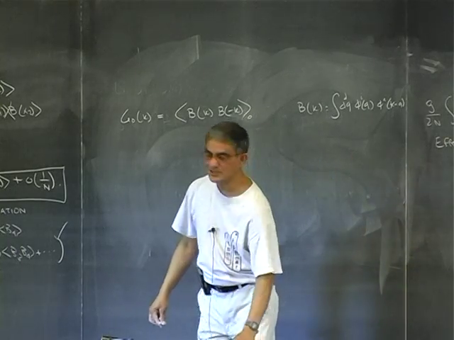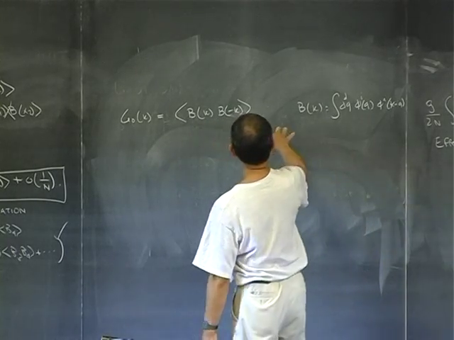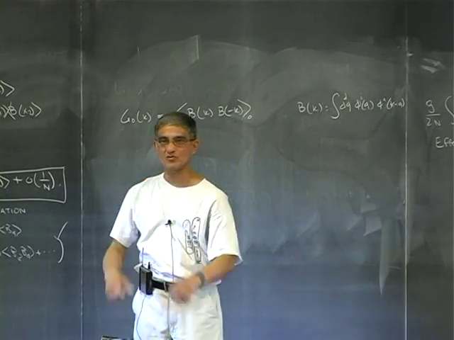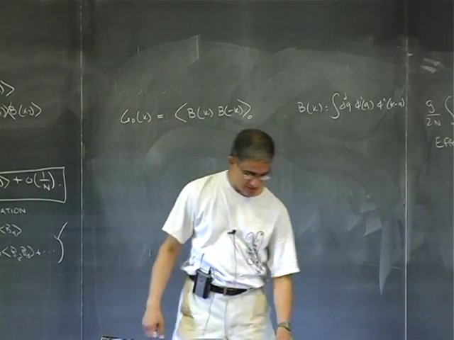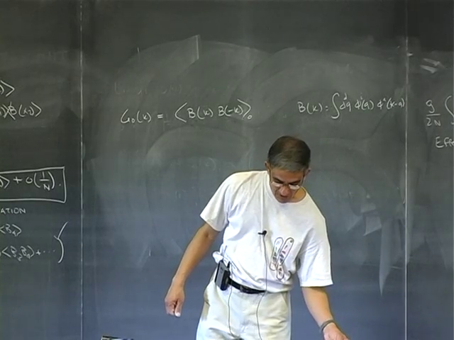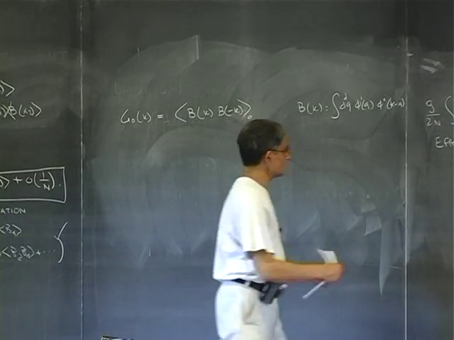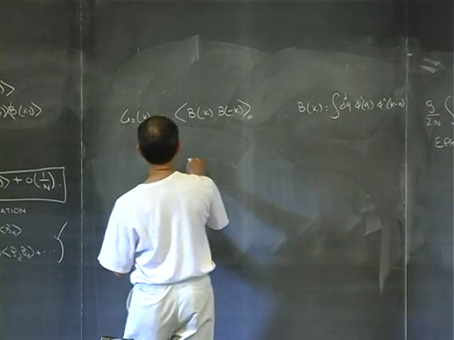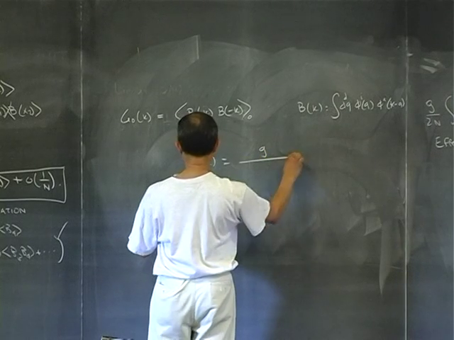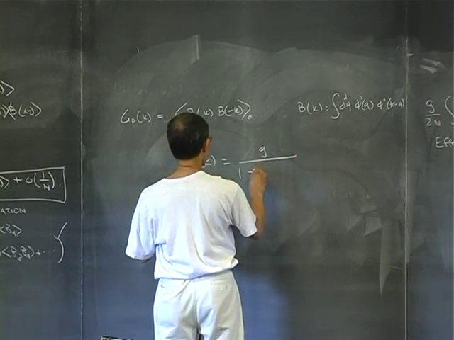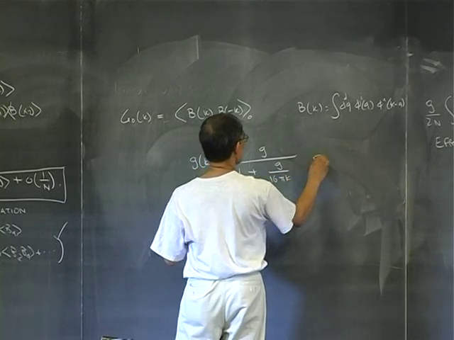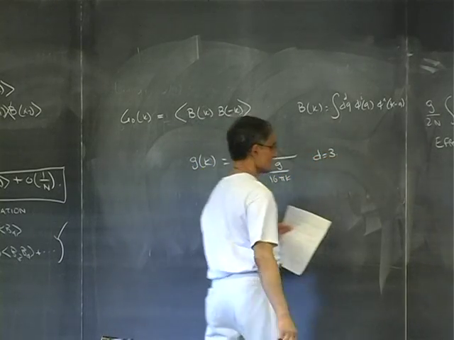And using this definition, you can just calculate what this object is by using Wick's theorem, by doing the double contractions. And I will just tell you what that answer is. The answer is, this equation then becomes G divided by 1 plus G by 16 pi k for 3 dimensions.